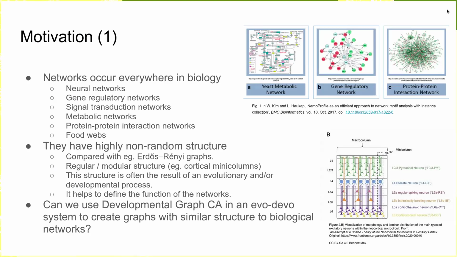And often that structure is the result of an evolutionary and or developmental process, and there may be evolutionary pressure for that structure because the structure helps define the function of the graphs. So we want to investigate whether we can use this system developmental graph CA, which I'll come on to in a moment, in an Evo-Devo method to create graphs with similar structure to biological networks.